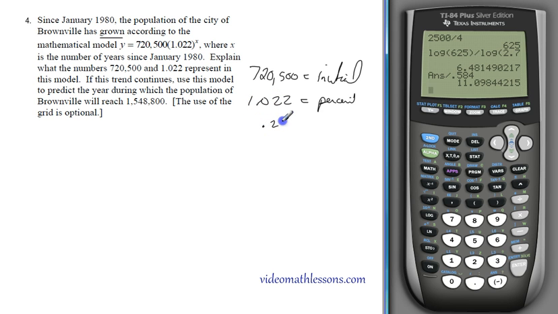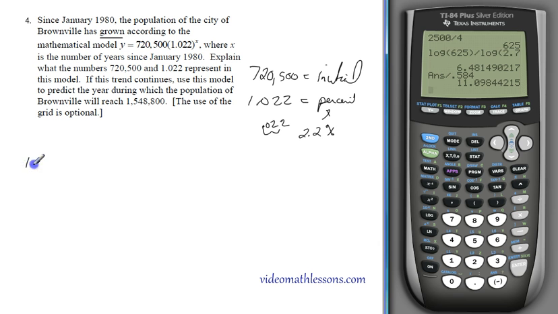So I'm looking at the 0.022. And I don't work with a decimal, so I move that over 2 places. It's a 2.2% increase. That's what it means, 2.2%. So even though it looked like 1.022 to start with, it really means 2.2. And it says, if this trend continues, when will you hit a little over 1.5 million people?